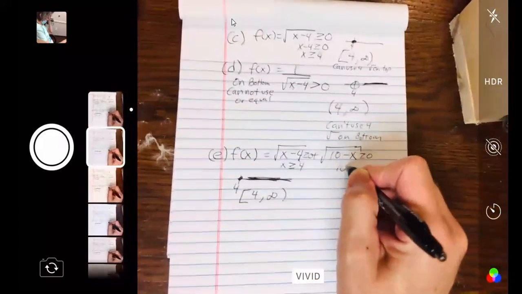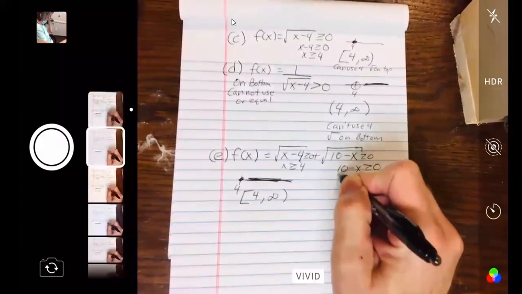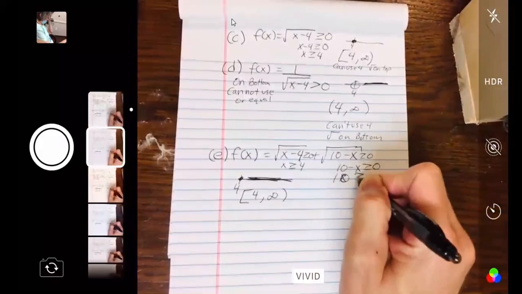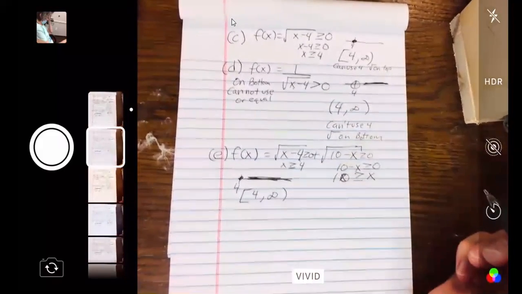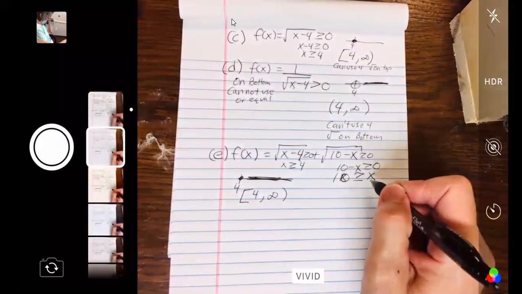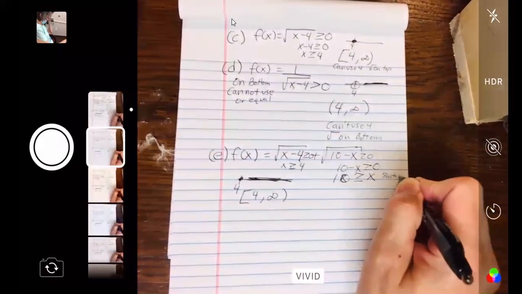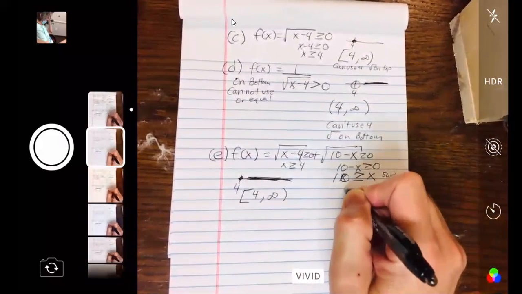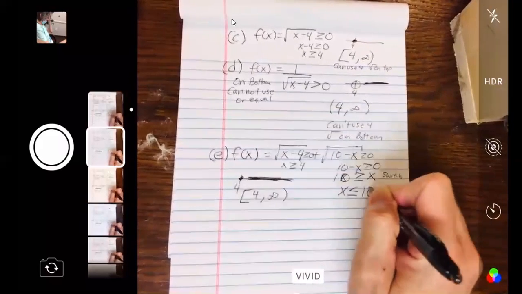If 10 minus x is greater than or equal to 0, then 10 is greater than or equal to x, because you're adding x to both sides. Usually with inequalities, we like our x on the left, so x is less than or equal to 10.